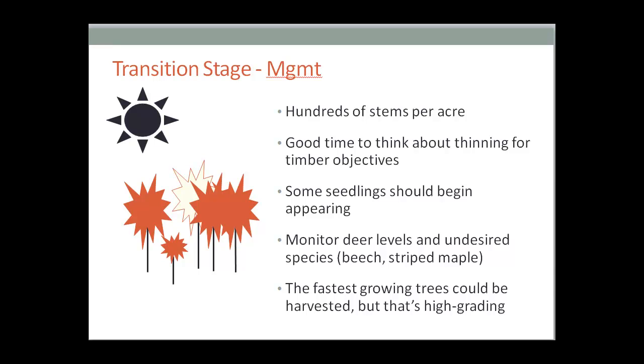That would effectively be a salvage activity where you're trying to salvage the value of that big-tooth aspen before it dies. There's not a lot of value in big-tooth aspen, but if you have a portable bandsaw mill, those trees have a great deal of volume and make decent lumber.